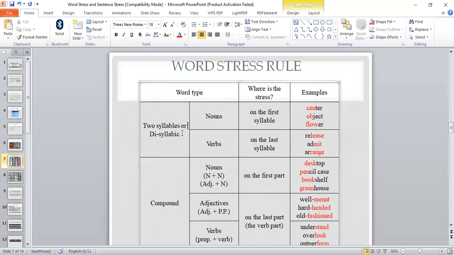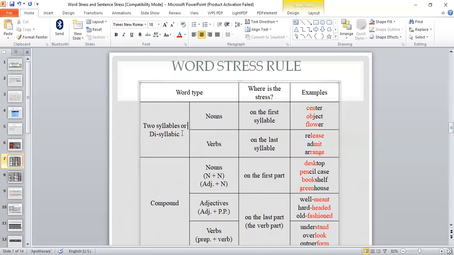And if we have compound adjectives, now a compound adjective may be an adjective plus a noun in its past participle. So we can see, for example, well-meant, hard-headed, old-fashioned.